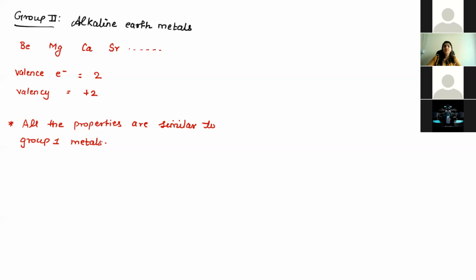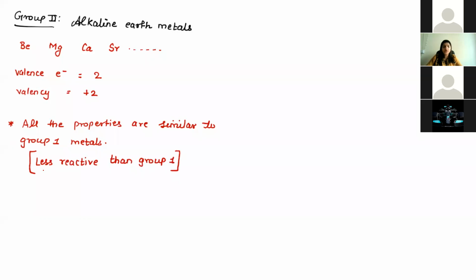As you go down the group, reactivity increases. They also have comparatively low density, but they are not that explosive. Not that reactive, or we can write less reactive than group 1.